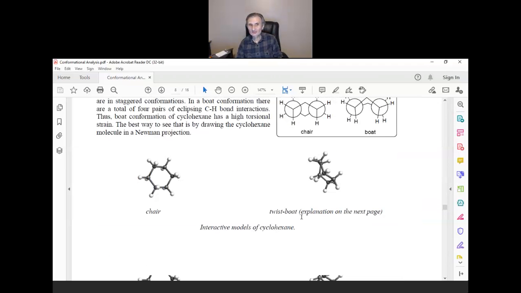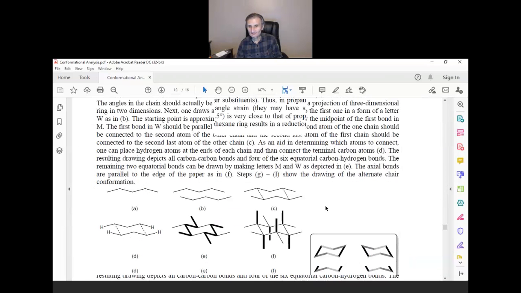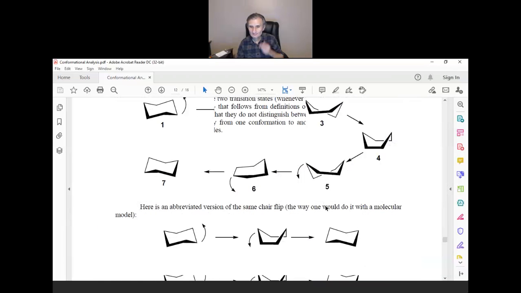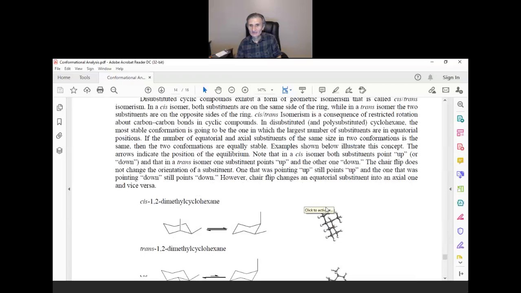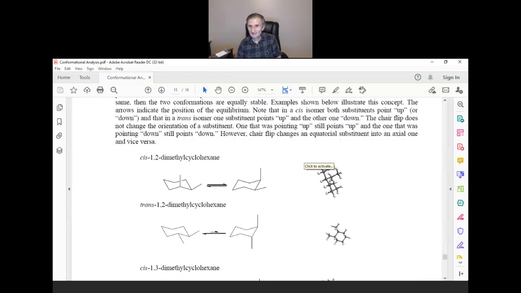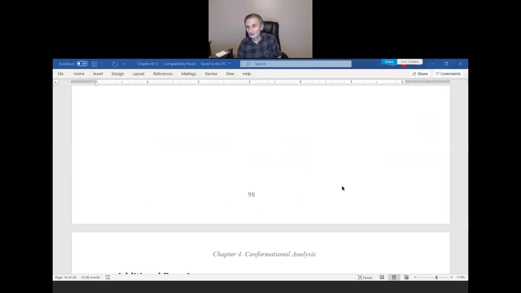For all of these cyclohexanes, chair, twist boat, and these with substituents, you can click on them, activate them, and then manipulate them. Enlarge, reduce, unfortunately only within the window, and then rotate them at different angles. You can use this if necessary to help you make a model.